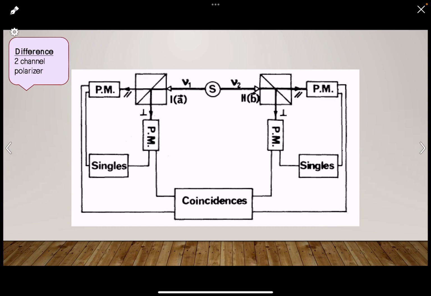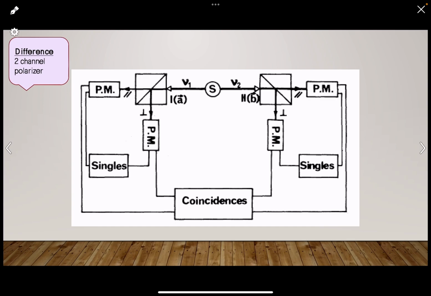When the one-channel polarizer transmits one polarization, it blocks the orthogonal part of the polarization. Therefore, the measurement of -1 could not be obtained in this experiment. The only measurement that could be obtained is +1, so this could not be used directly to test Bell's inequality.